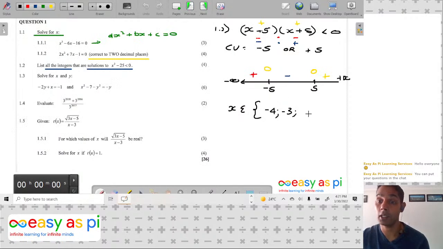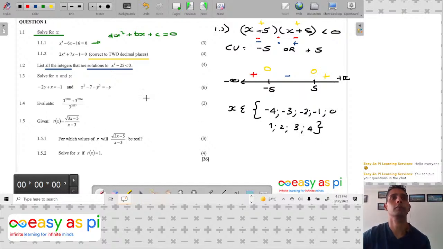Why? Because integers are discrete values. So you'd say minus 2, minus 1, 0, 1, 2, 3, 4. And that's where you would close it off. This is going to be your answer.